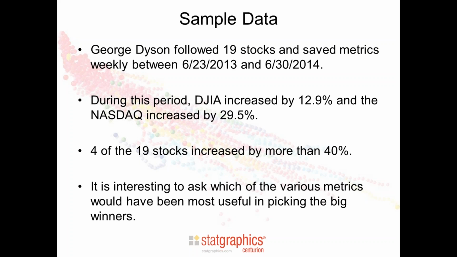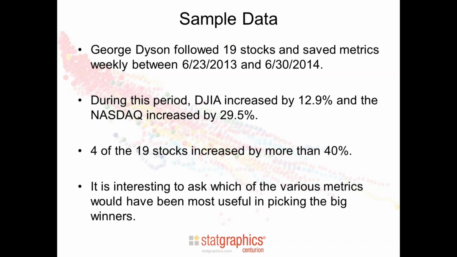Well, George is also interested in following the stock market, and what he did a couple years ago was to follow 19 particular stocks, take the metrics from FinViz every week between July 23rd, 2013 and July 30th, 2014. And George gave me his data and said, why don't you look at this data and tell me, of those 69 indices that FinViz provides, are there indices that would be useful in predicting which stocks would do well?